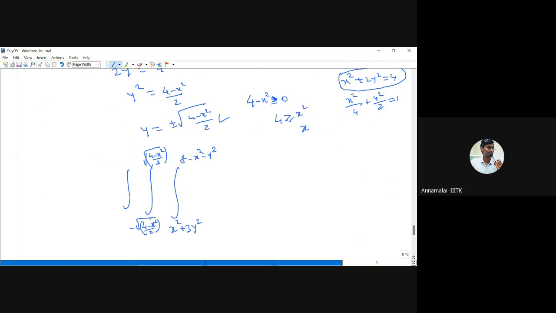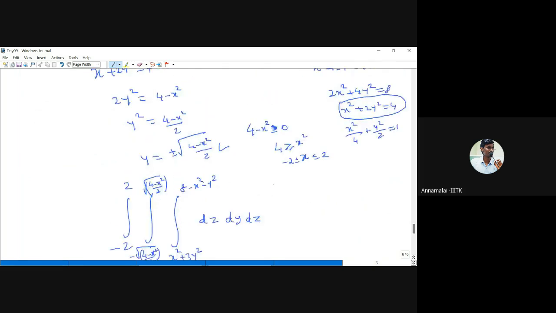So what is the value for x? Maximum 2, minimum minus 2, because then only if you take the square, we get 4, right? So the limit of x is minus 2 to plus 2, with dz, dy, dx. Now just evaluate, and you'll get it.